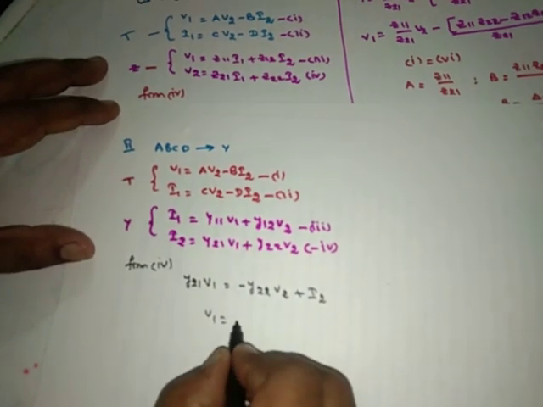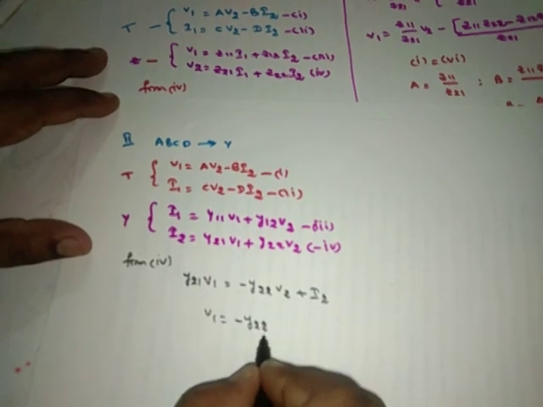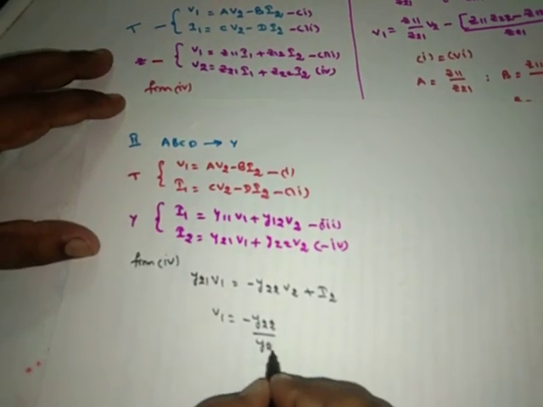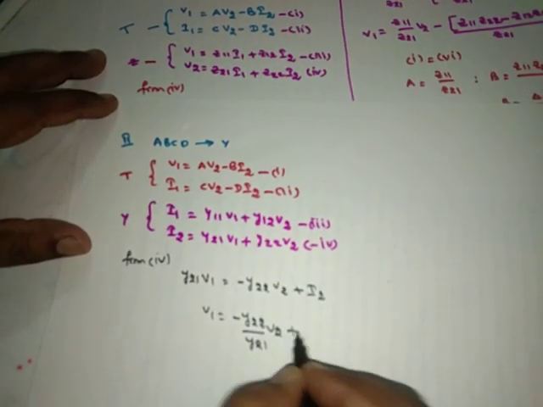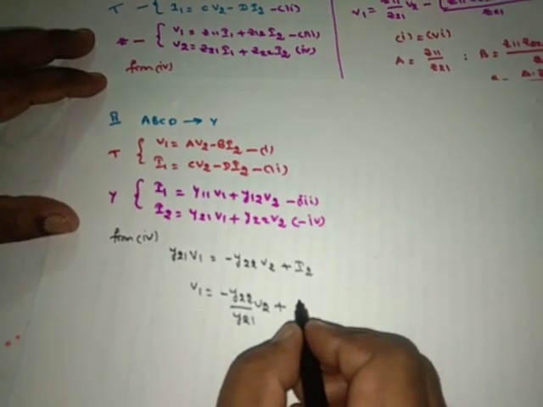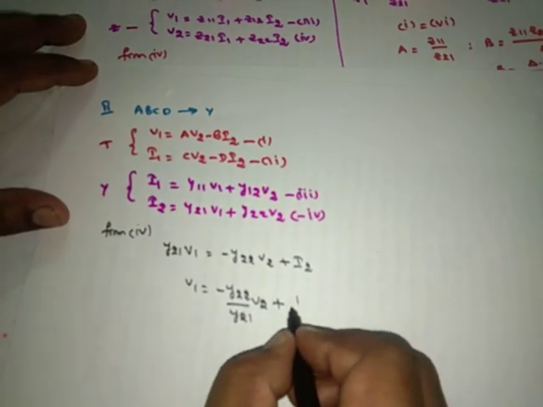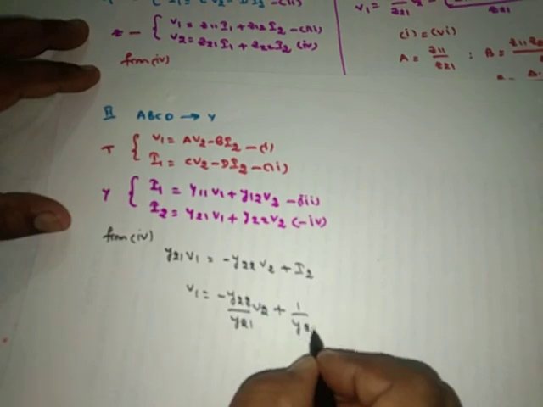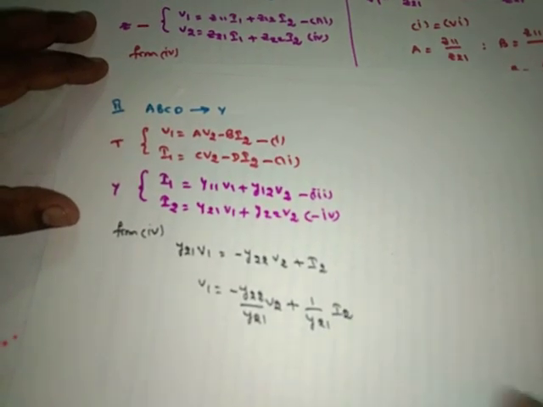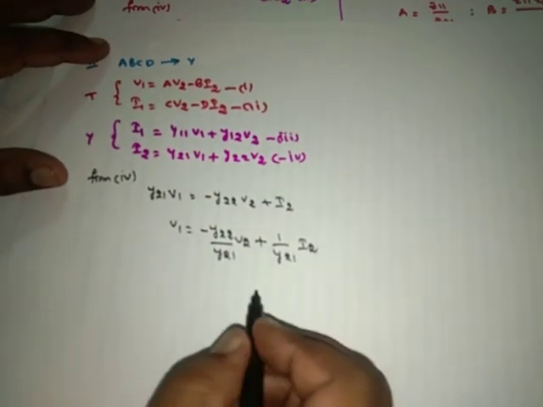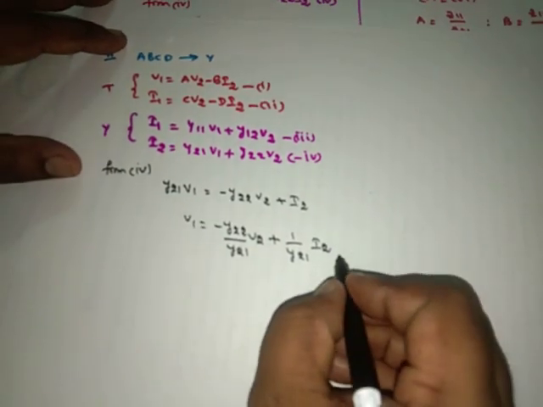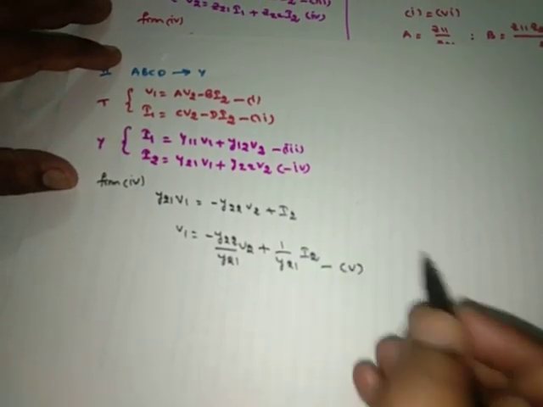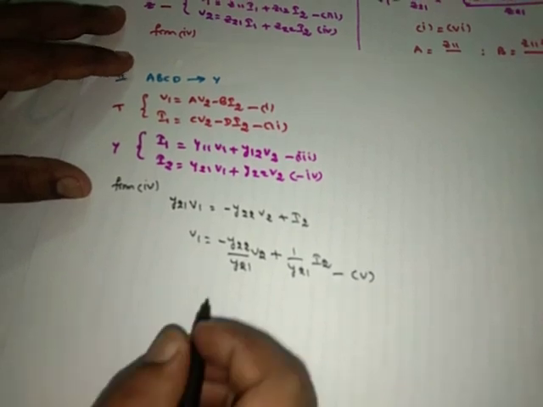From that, V1 is equal to minus Y22 by Y21 V2 plus 1 by Y21 I2. So this is equation 5.